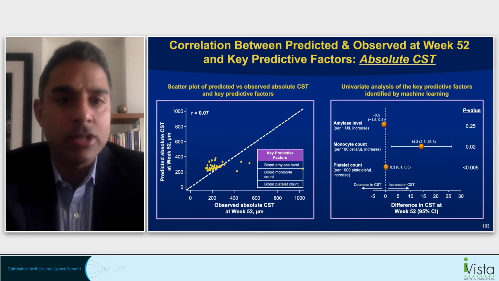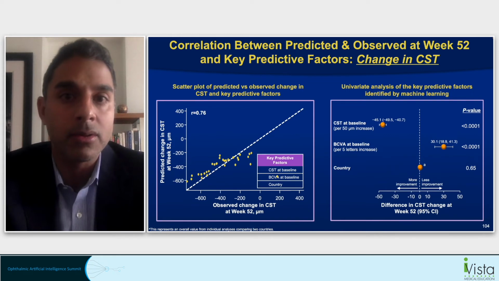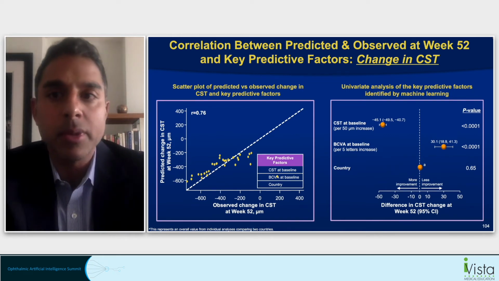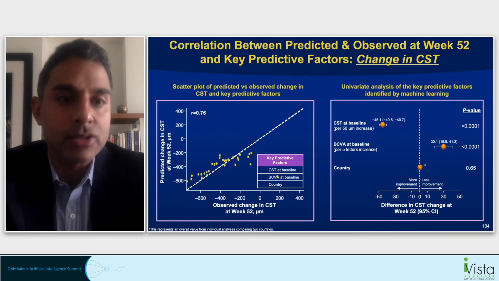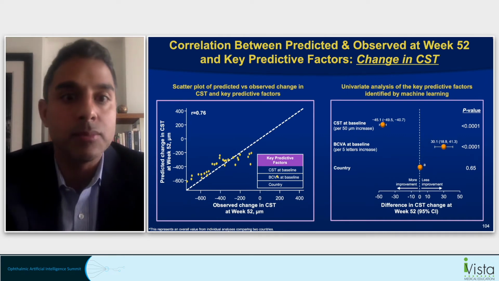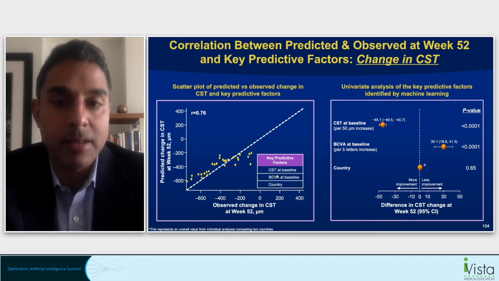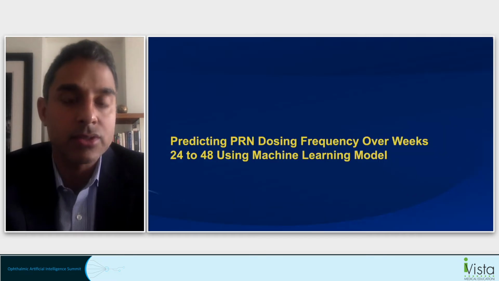And again, in terms of its predictive factors, it doesn't yield anything very meaningful, either clinically or by the model. However, interestingly, when we look at the change in central subfield thickness, there's a better predictive value. And again, we're seeing these recurring themes of best corrected visual acuity being predictive, as well as central subfield thickness at baseline being predictive in these scenarios.